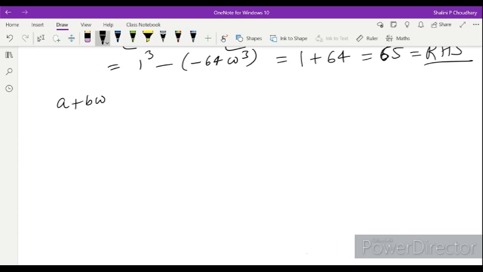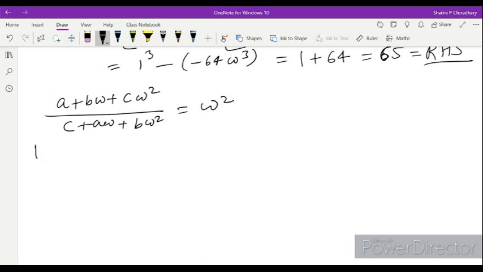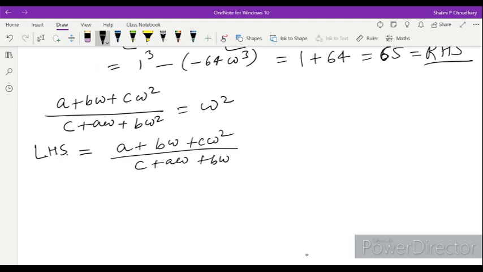One more question we'll do, and in that question also we have to show that (A plus B omega plus C omega square) divided by (C plus A omega plus B omega square) is equal to omega square. First of all, we'll take LHS, that is equal to (A plus B omega plus C omega square) divided by (C plus A omega plus B omega square).